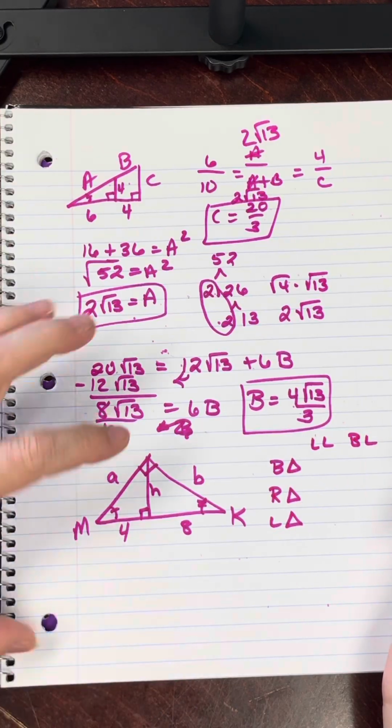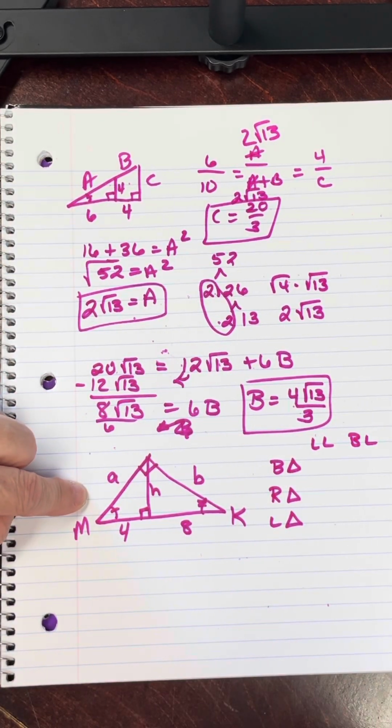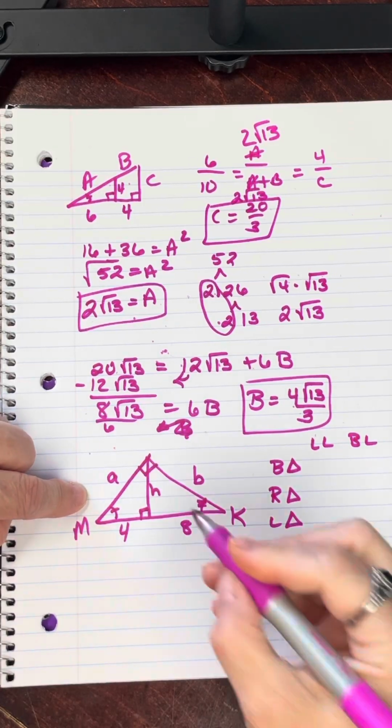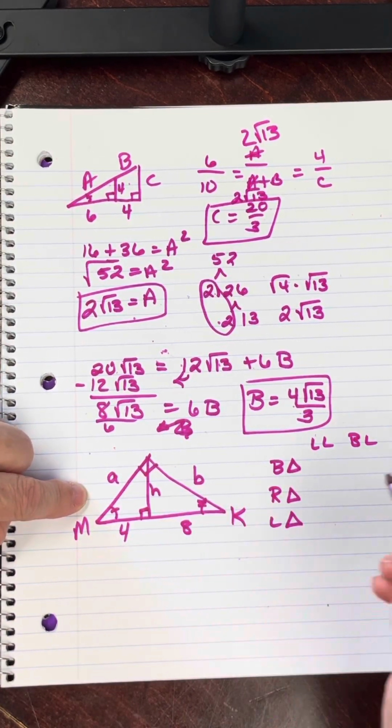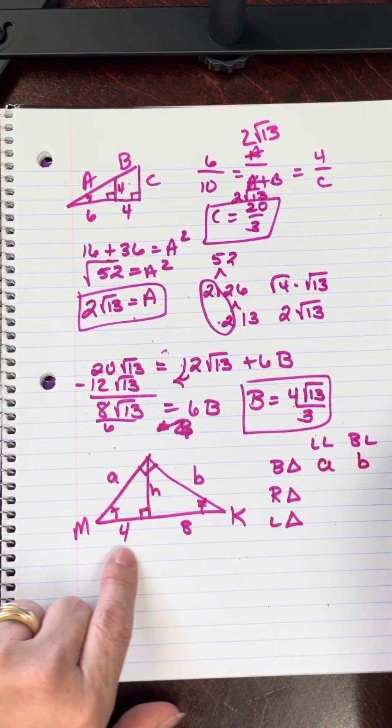So from the big triangle, the overall shape, what is the smaller of the legs? Here's our 90, so we know this one is the hypotenuse. The little leg, the shorter one, is A. That means the bigger leg is B, and the hypotenuse is this 8 plus 4.